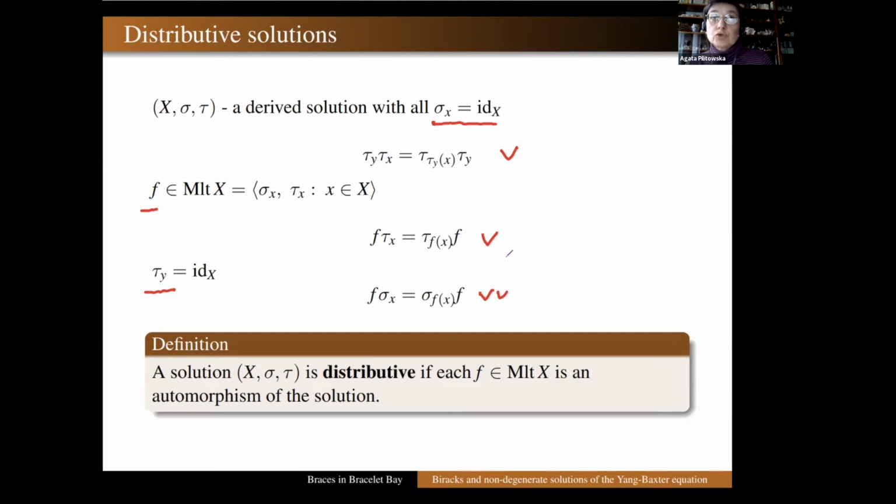Distributive solutions are not derived, but they are a generalization of the idea of a derived solution.